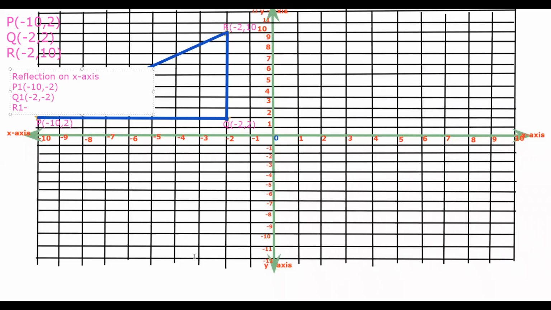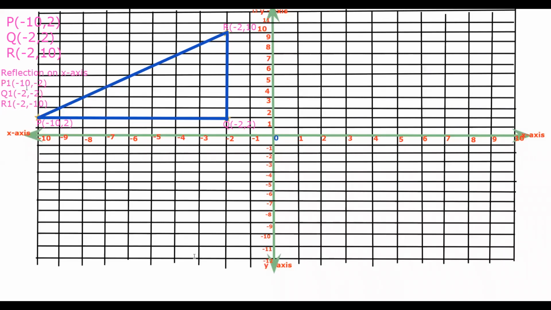So you write the same negative 2 over there, and then the y coordinate will suffer with a negative sign, which is negative 10. Okay, and the answer here will be negative 2 and negative 10. So we are going to plot this one here, and make sure you plot these to form another shape.